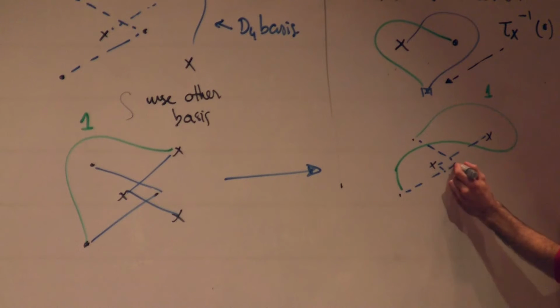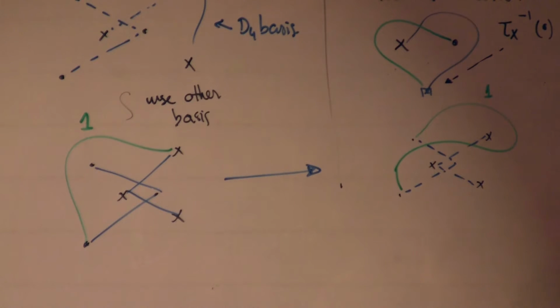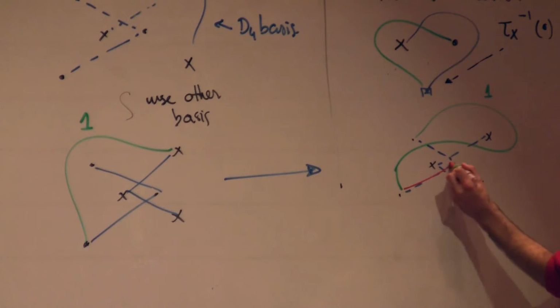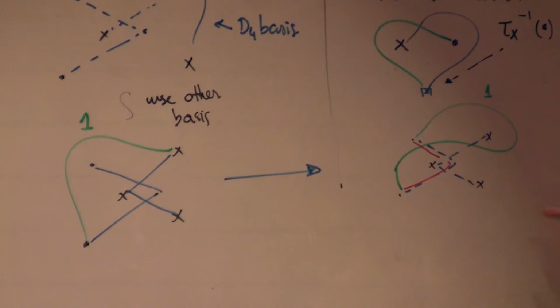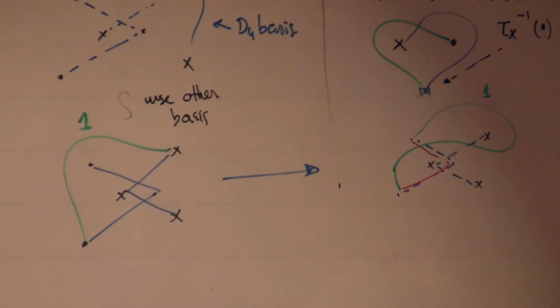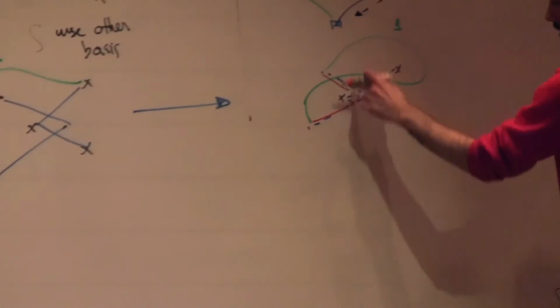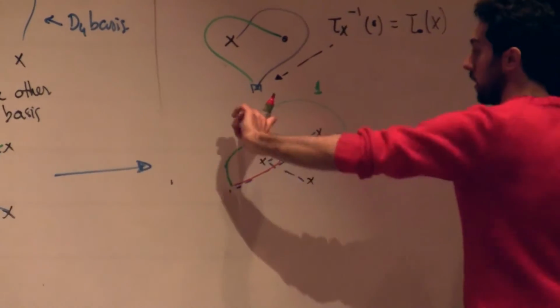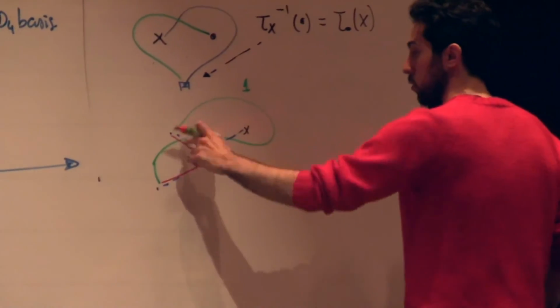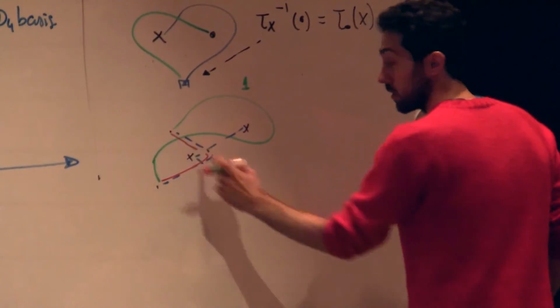And if you think a bit about it, this green thing is the same thing as taking this path in here. So that's easy to describe because that's tau of this, tau of this. When you have two paths and you concatenate, it's either a tau or a tau minus 1. So this red thing is just doing this to that guy, which means it's tau minus 1 of this guy along this guy.